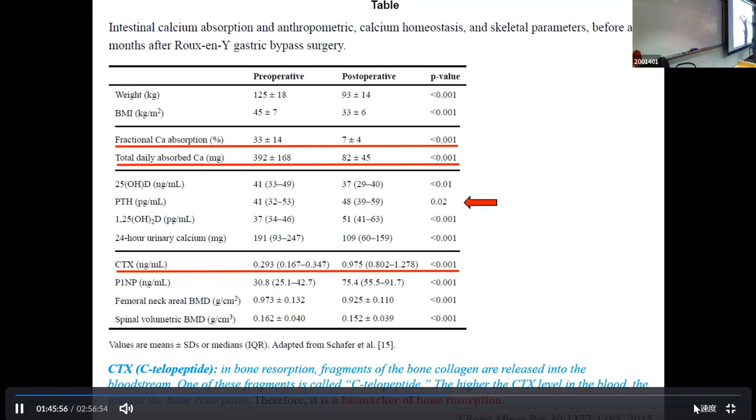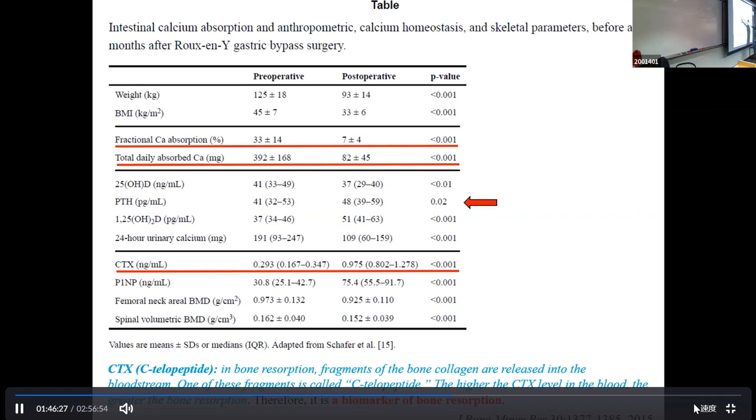But because we are talking about calcium, this is the calcium information. Fractional calcium absorption is an indicator of to what extent calcium is being absorbed. This is just a value as a result of the research. Before the operation, it is 33% calcium absorption, and now it's only 7%.